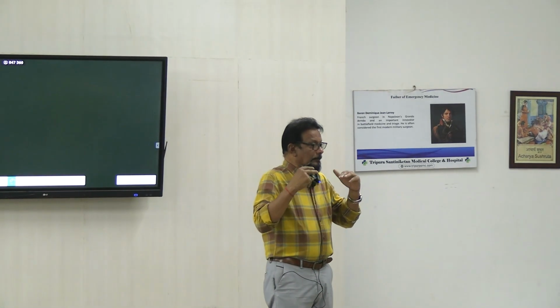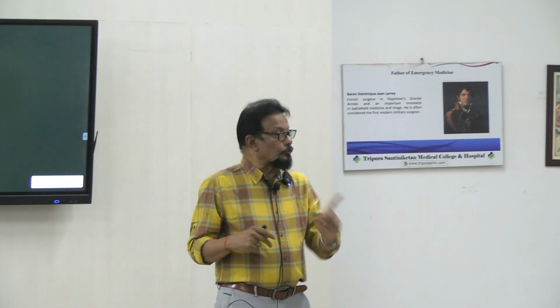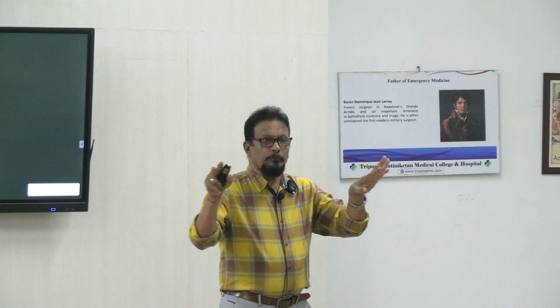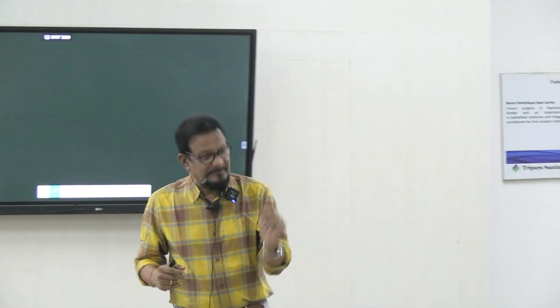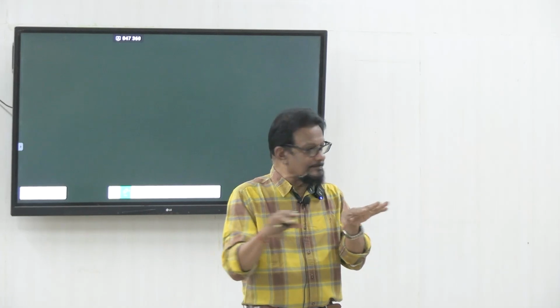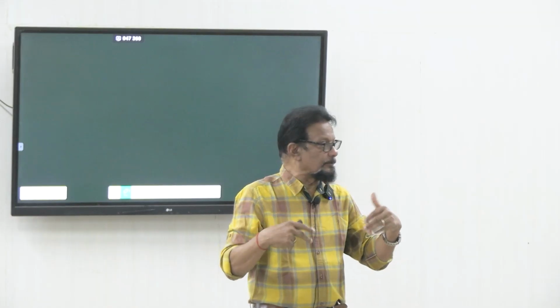Their heart rate can be increased. Do you know what would be your maximum heart rate? Normally it is 70 to 80 beats per minute. So how much can it be increased? Definitely it will be increased during exercise. How much can it be increased?